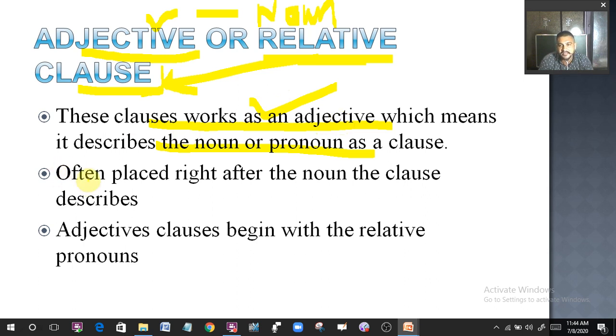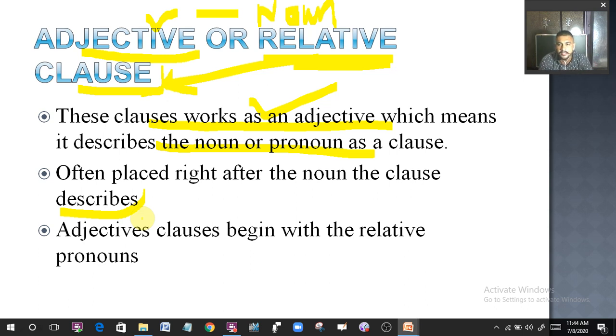We'll be seeing that in the examples. The clause is often placed right after the noun it is describing. When the principal clause ends with a noun, and then the next word is generally a relative pronoun, you will be able to understand how it is an adjective clause.